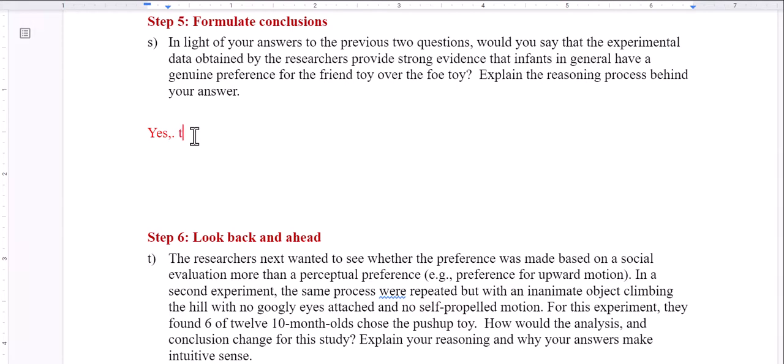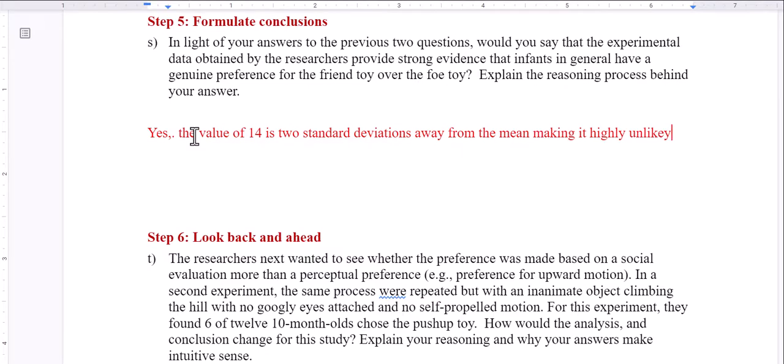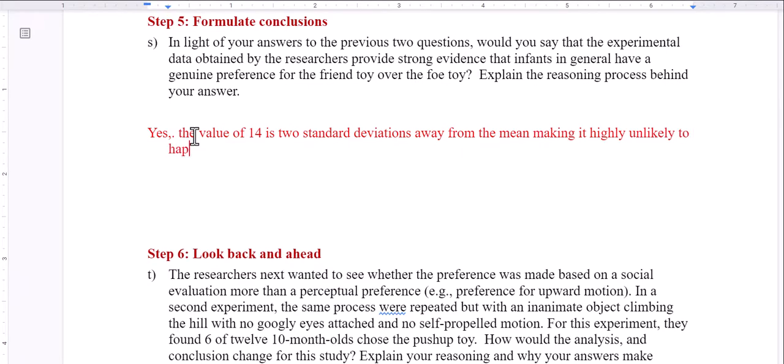The value of 14 is 2 standard deviations away from the mean, making it rare, or highly unlikely to happen, like an outlier essentially.